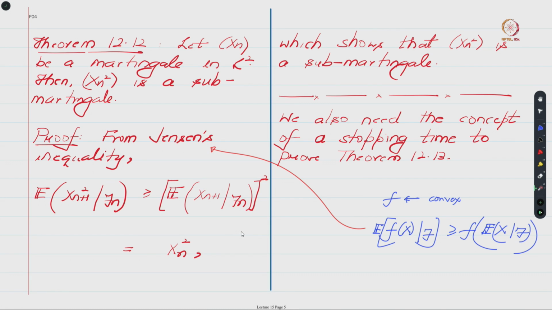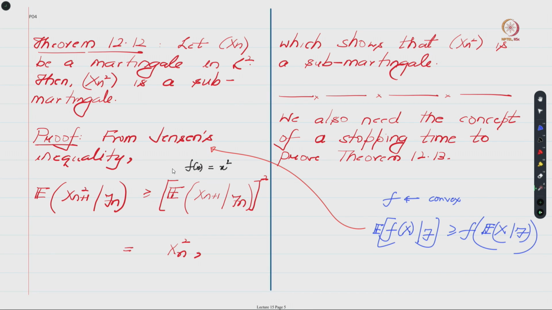So invoking that over here, we get something like this. The question is, what is the f that we are using over here? Well, it is straightforward to guess. The f that we are looking at is f of little x equals x square. Now it is obvious to check that this function is convex in nature, and hence this inequality over here applies. So you can see that you have Xn plus 1 square here, that is f of Xn plus 1.